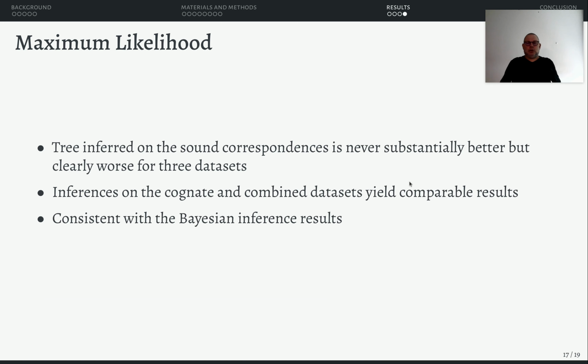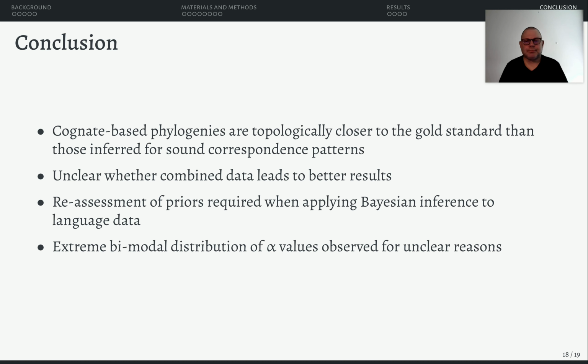So we can conclude preliminarily that trees inferred on the sound correspondence data are never substantially better, but often clearly worse across datasets. Inference on the cognacy data and on the combined data yield comparable results, and this qualitative pattern is the same with Bayesian inference and with maximum likelihood inference.